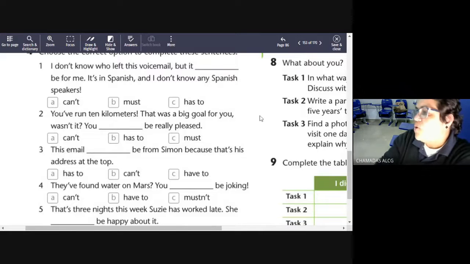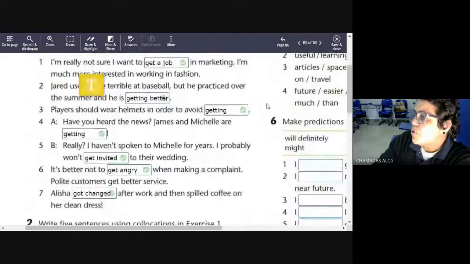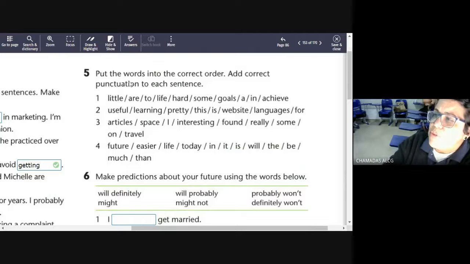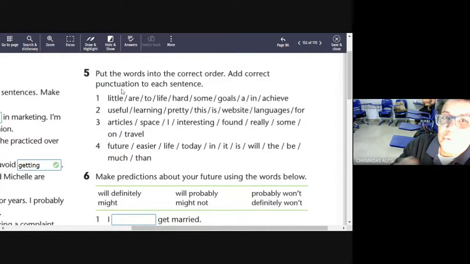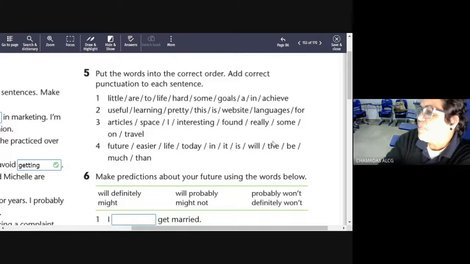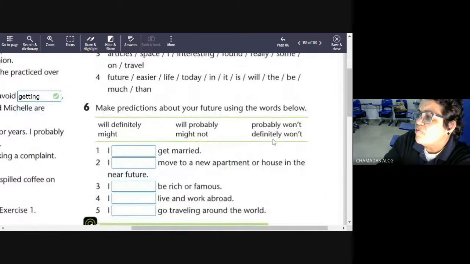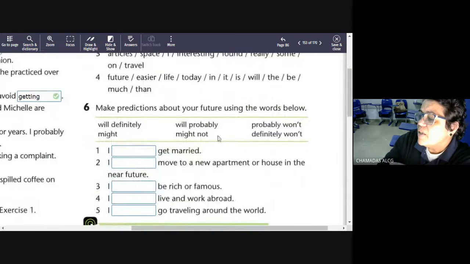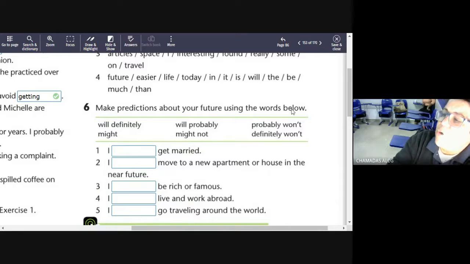Okay, so after that, you should also do exercise number 5. Put the words into the correct order, but add correct punctuation to each sentence. And then here we have the intensifiers. Remember, make predictions about your future using the words below.